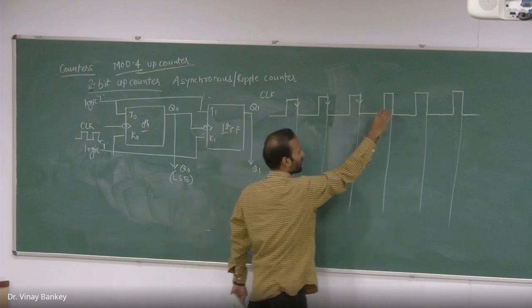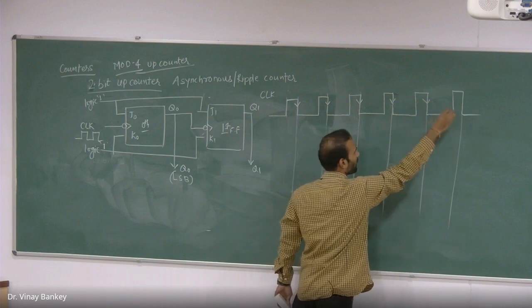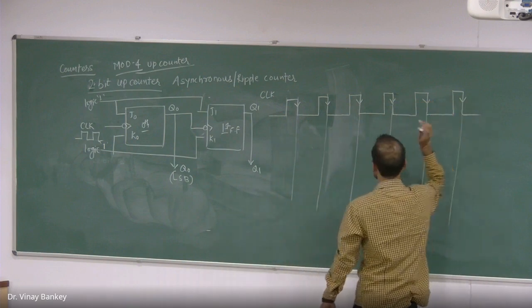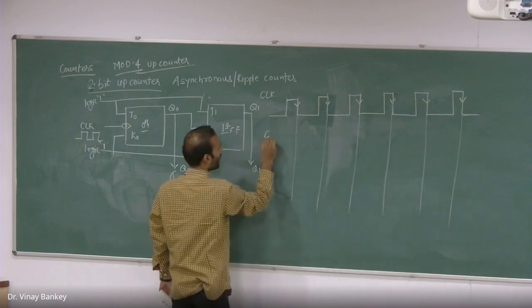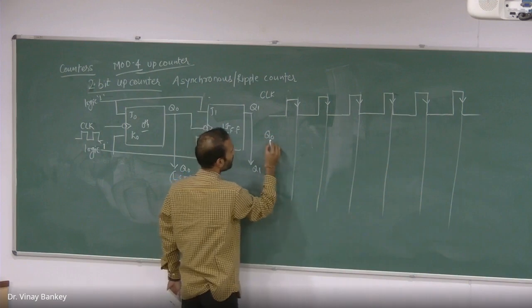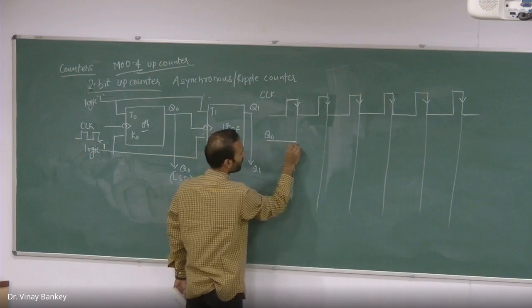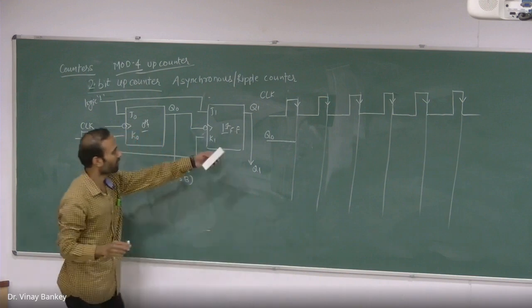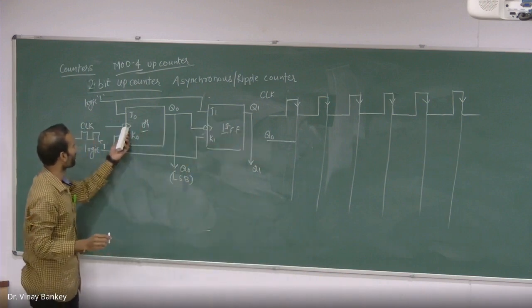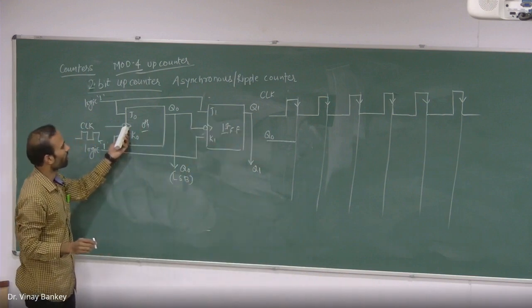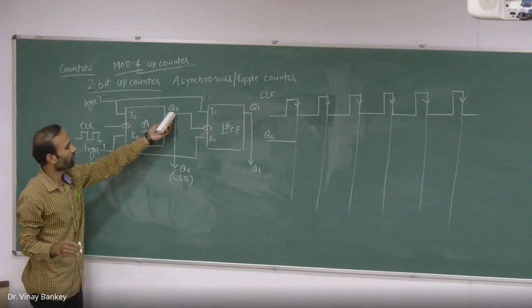So the transition in these flip-flops will occur only at the falling edge of this clock pulse. Now I have this Q0, and initially it was 0, and the moment it sees the negative edge of the clock pulse, it will change the output according to the inputs.